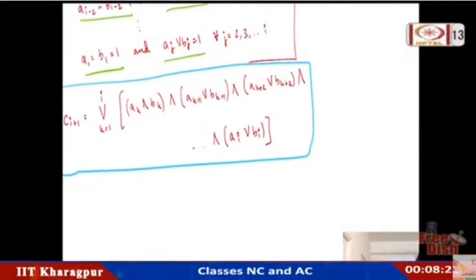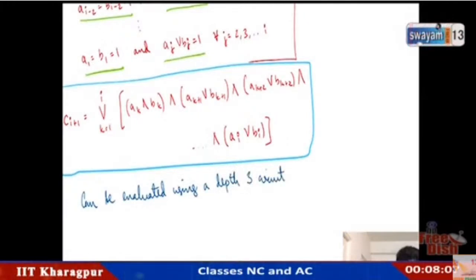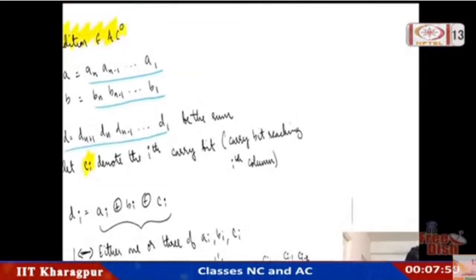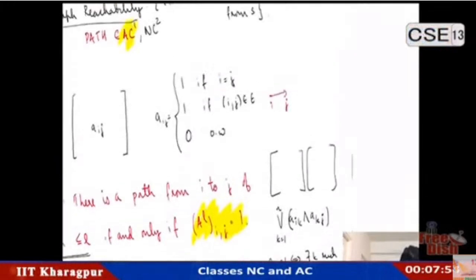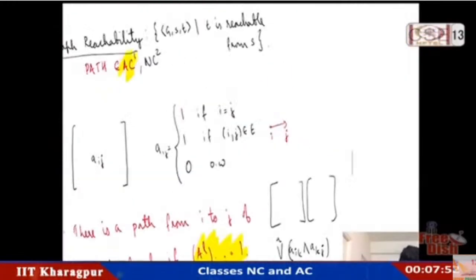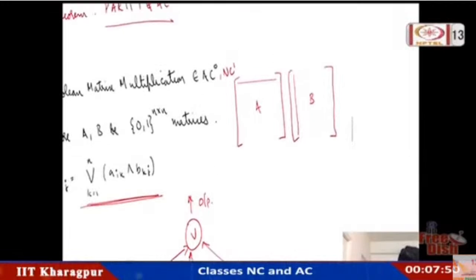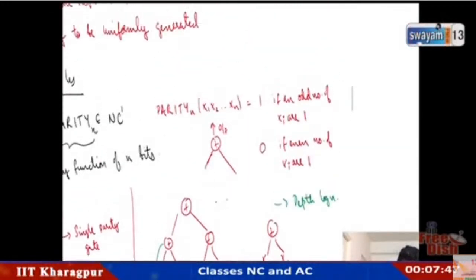So this can be evaluated using a depth 3 circuit, so constant depth circuit, ANDs and ORs. So it is in AC0, which is what we had claimed. So addition is in AC0, Boolean matrix multiplication is in AC0, graph reachability is in AC1, and parity is in NC1.